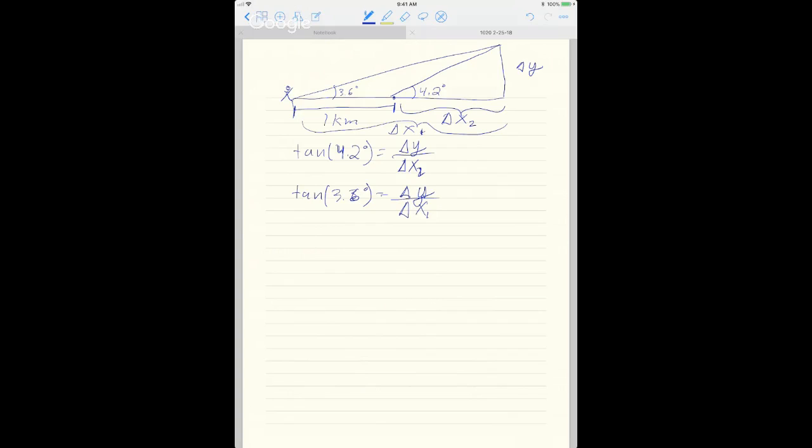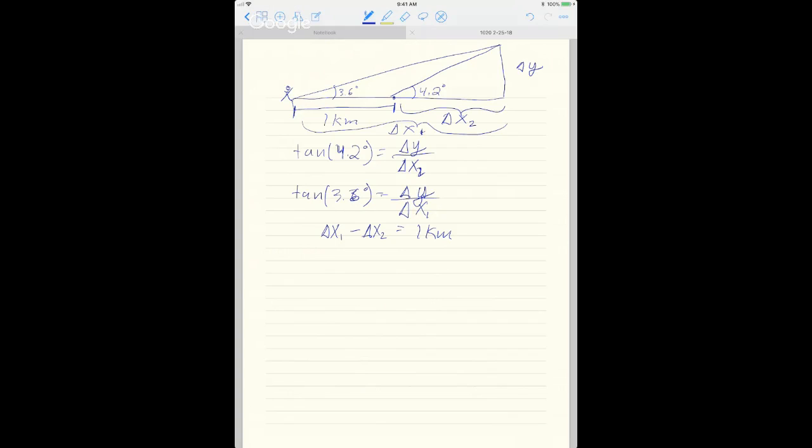And we know a little bit more. We know that delta x1, the change in x1, minus the change in x2 is equal to 1 kilometer. Okay, 3 equations, 3 unknowns. And so I can start setting things up.